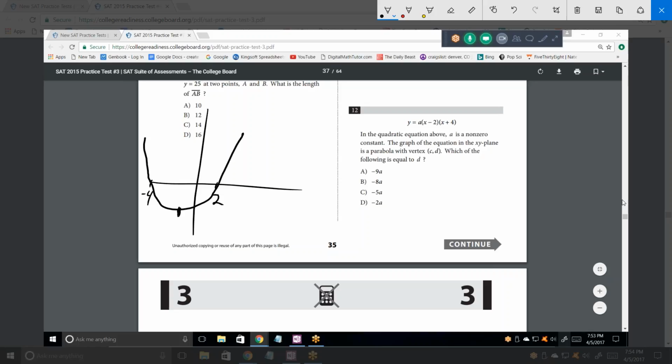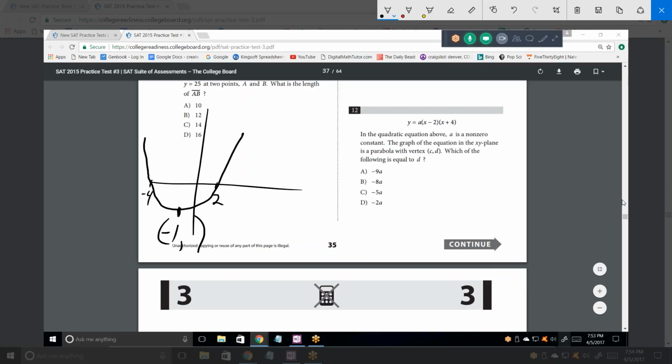What is it? Add them together, divide by 2. Oh, -1, I'm sorry. You want a point that is equidistant from both of these intercepts. -1 is 3 units away from -4, and it's also 3 units away from +2.